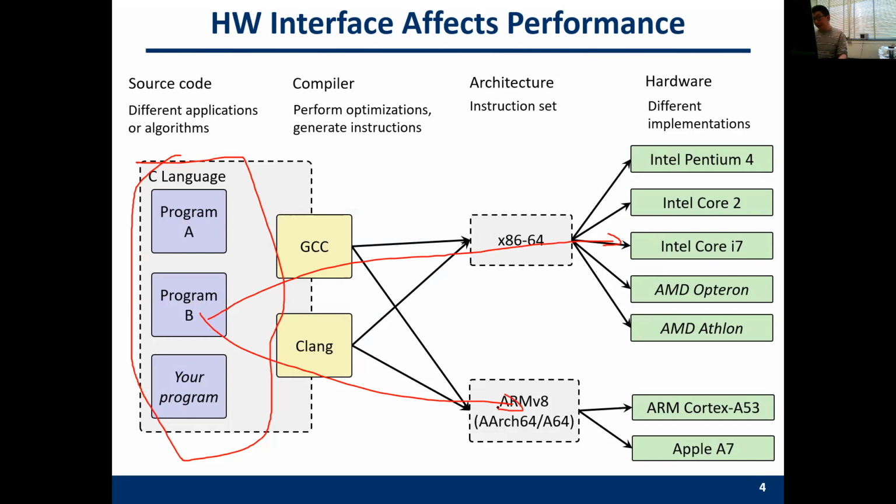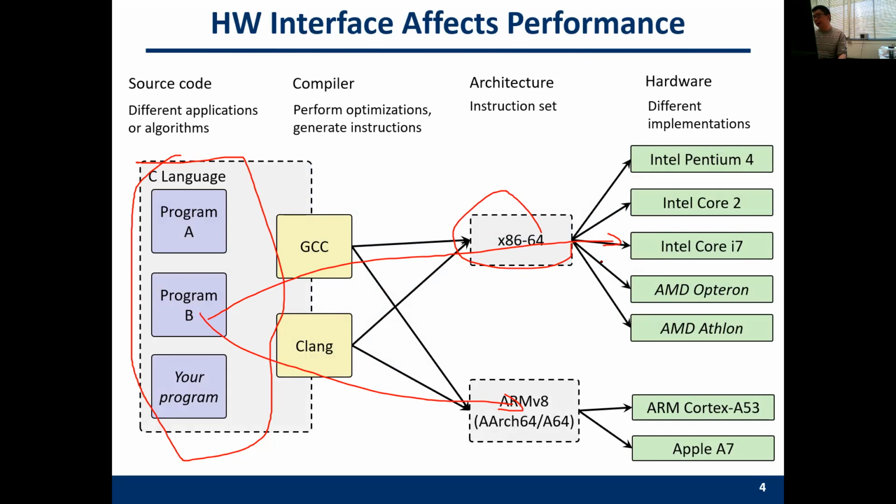The short answer is yes. You can achieve that by using different compilers. But again, in order to support this portability, you need to heavily optimize your code and use the right compilers.